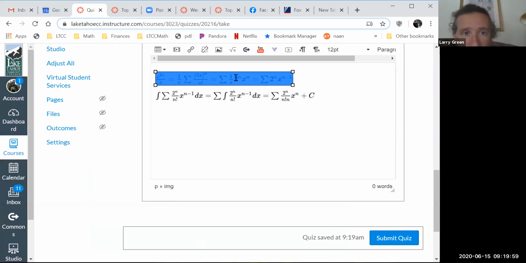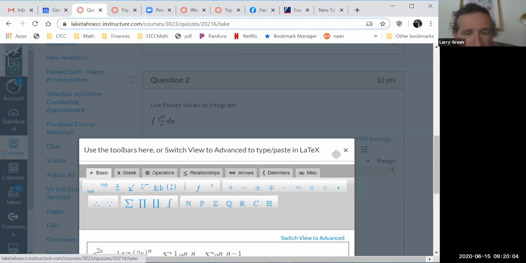I think I lost the n factorial in this one, so I'll put it in. So we have it right.